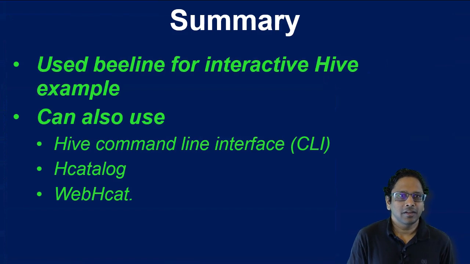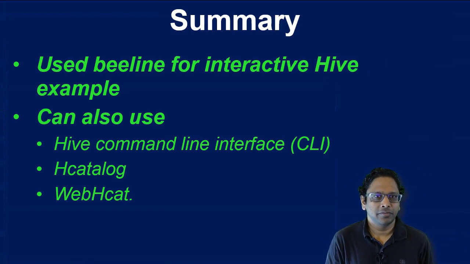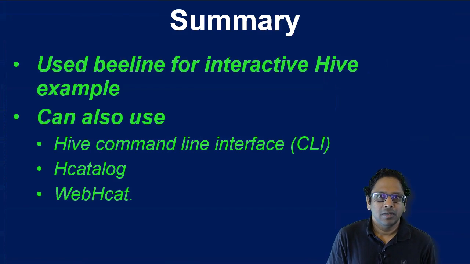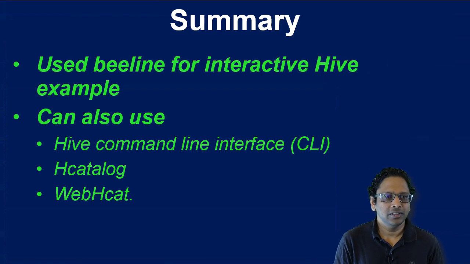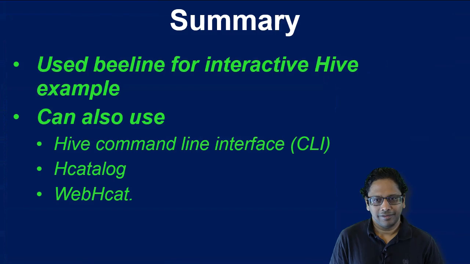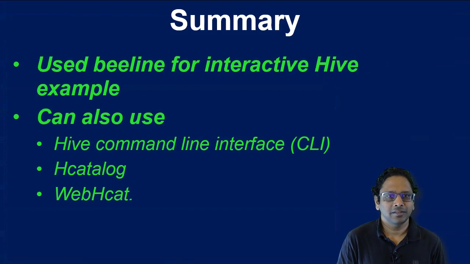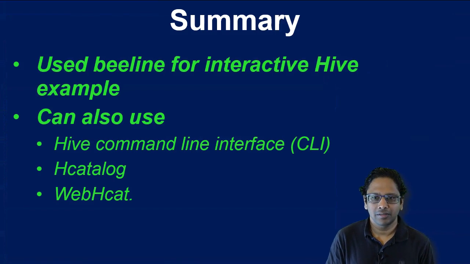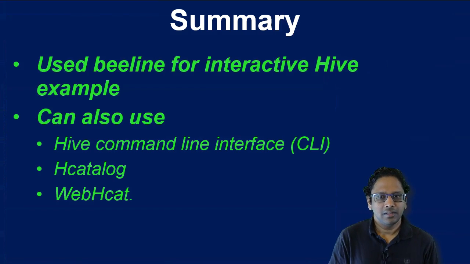So essentially, to summarize, we used Beeline for the interactive Hive example. You can also use the Hive command line interface, although this is getting deprecated in the newer versions. There's HCatalog and there's WebHCat. So there's different options of accessing Hive essentially. You could do it remotely or on the command line.